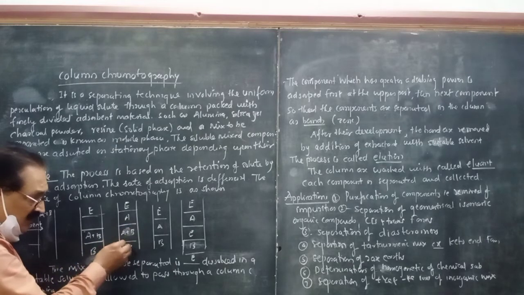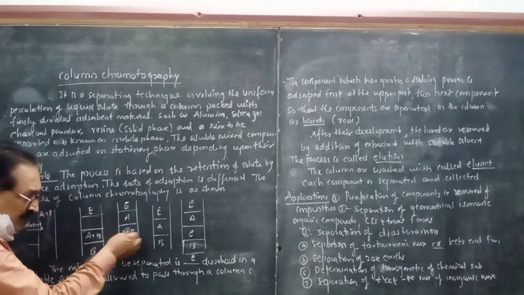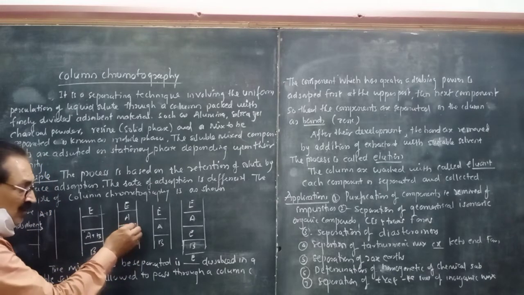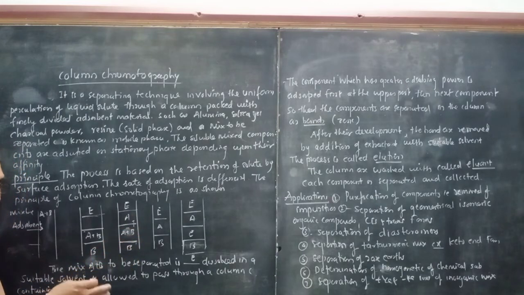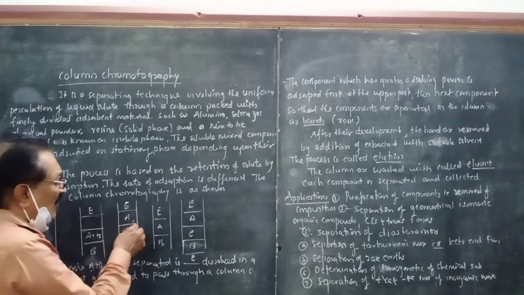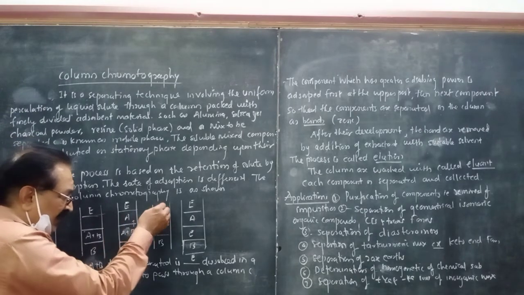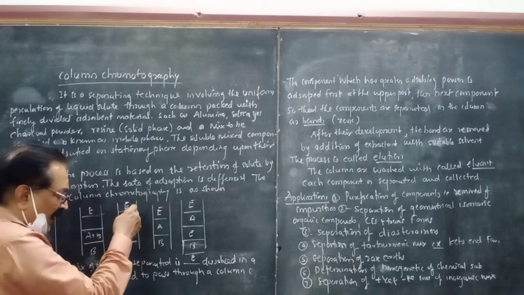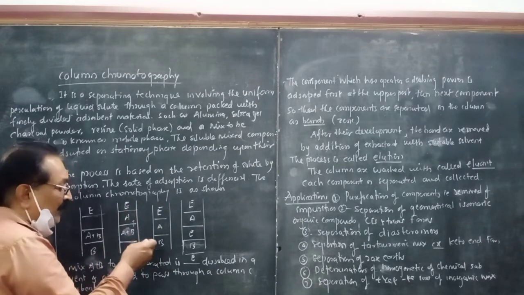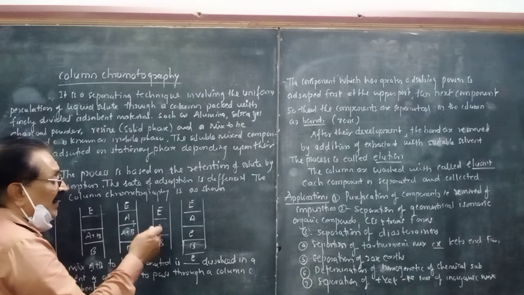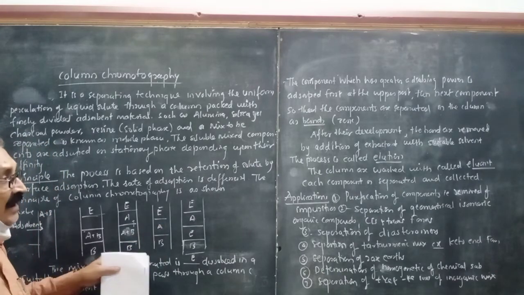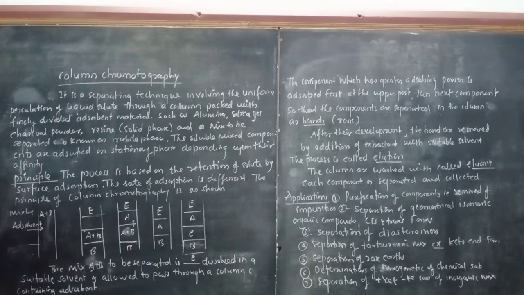From this mixture, B goes downwards and A stays upwards. Like that, the separation takes place. Then, after the eluent is added, A and B are separated from one another. They form in the form of bands.